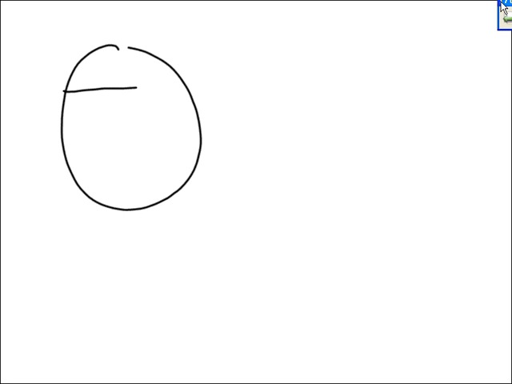How about this one? You have this, you have this, you have that. We did not necessarily cross the center, and these two lines are given to be parallel.